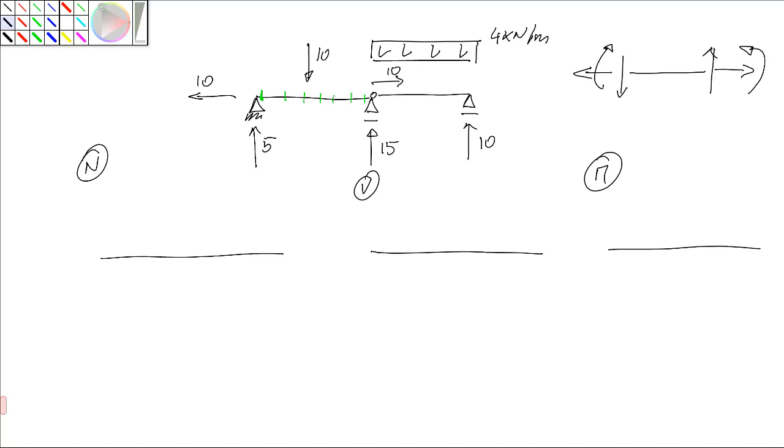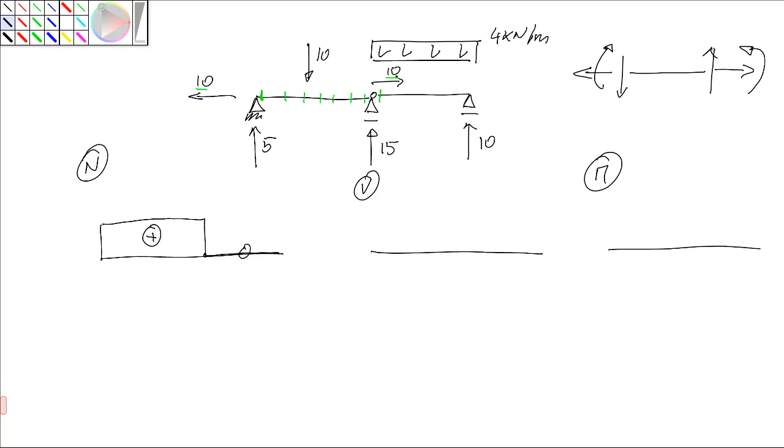So 10 is tension, so you have a force of 10 which is constant up to the support. If you look to the left side, this force of 10 cancels with this force of 10, making the axial force 0 and remaining 0 onwards.